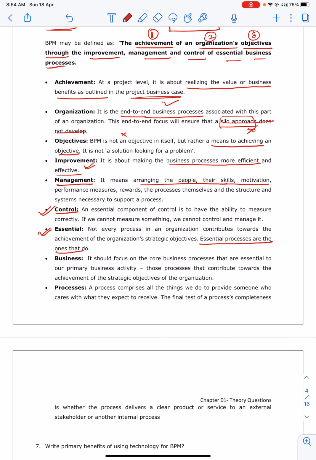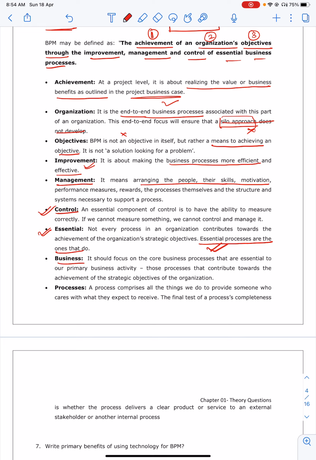Design of engine is very essential, because Tata Motors will manufacture cars. Mileage determination is very essential. Here we'll not concentrate on 500 business processes, we concentrate on the business processes which create value for the customer. Those are called essential business processes.